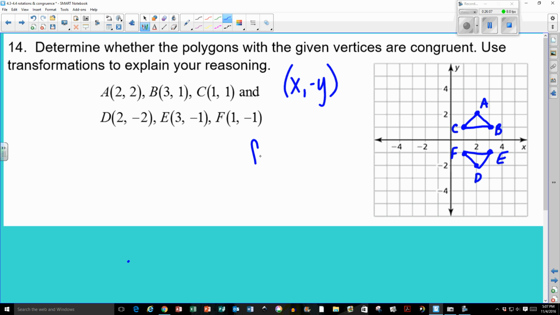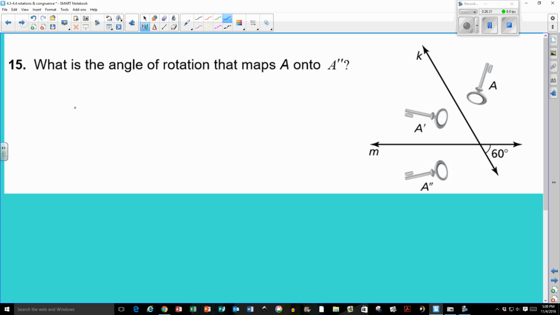This is a reflection in the x-axis. So I noticed that all the x's stayed the same and that all the y's changed. And that's just how you determine it. So just look and see what's happening.